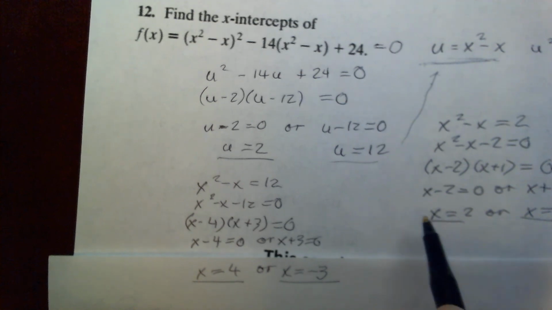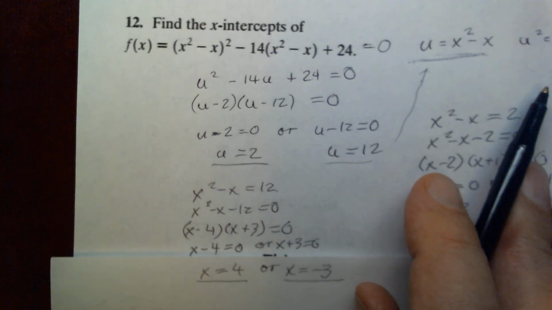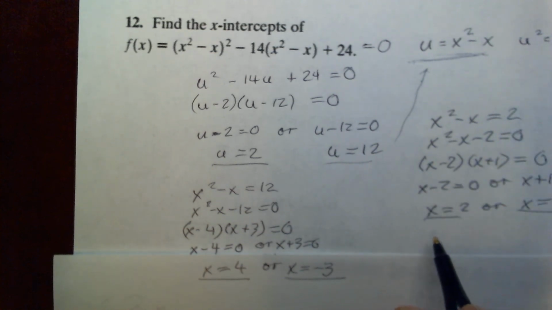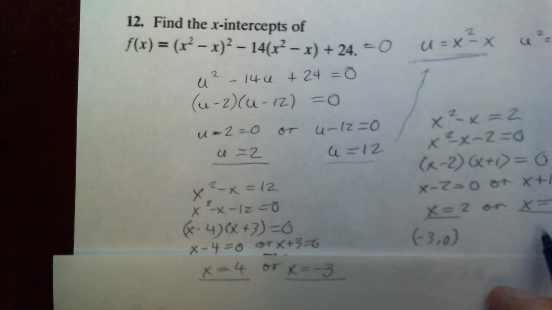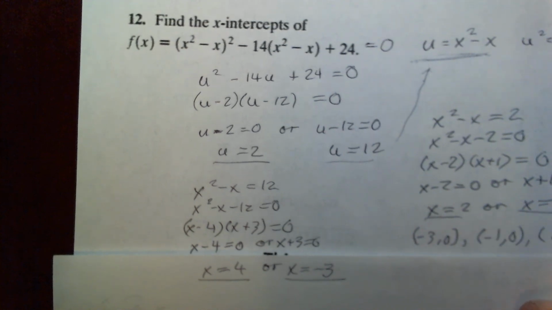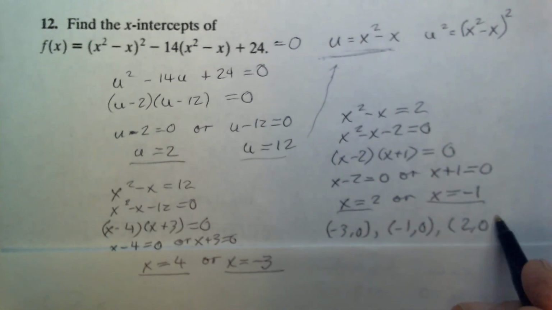And what that means, since we're supposed to find the x-intercepts of this function, is that we have the intercepts negative 3, comma 0. That's one of the intercepts. Then we have negative 1, comma 0. And then we have 2, comma 0. And we have 4, comma 0.